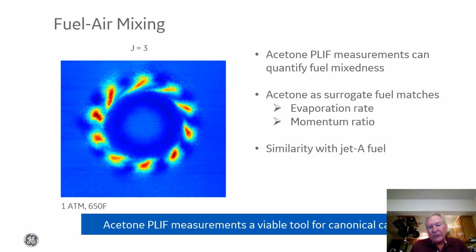We were able to match essentially the evaporation rate for certain conditions of interest, and it also allows us to match fairly closely the momentum, jet to cross flow momentum ratio. And so there's a similarity between this substance and Jet A. So we've successfully used that to look at fuel air mixing in real injector flows.